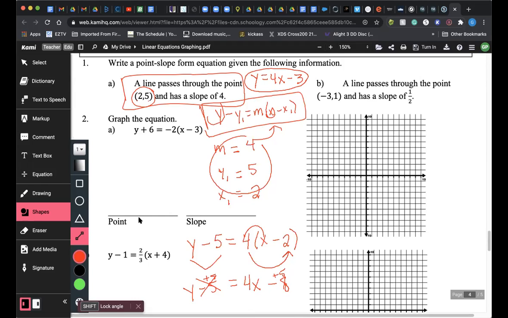Were you guys able to get a line? Anybody? Did anybody get a line? No? What was the equation for the line?